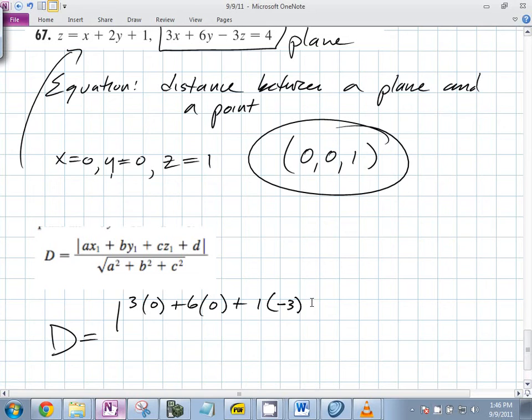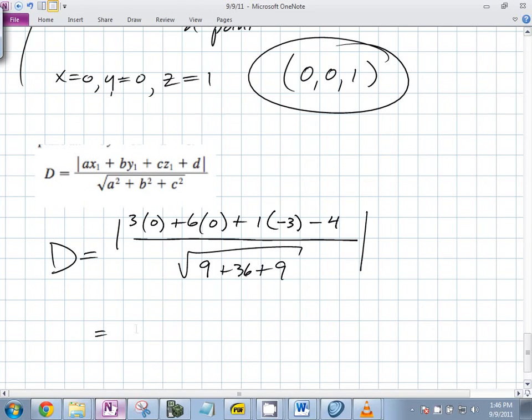Yes, minus what? 4. All over the square root of 9 plus 9. So what do I end up with on the top? 7 over 3 root 6. So the square root of what? The square root of 54. So 7 over what? 3 root 6.